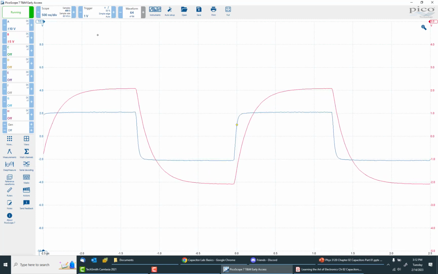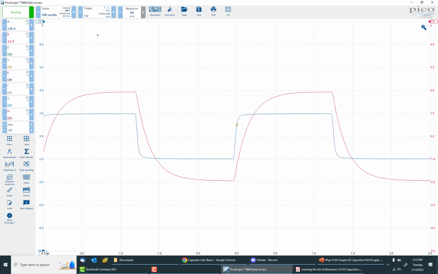You see how I'm moving the red guy up and down? Because the ideal situation is when you have the voltage across the capacitor looking like this, starting on one line and then another. And then you can calculate what's the 63%.